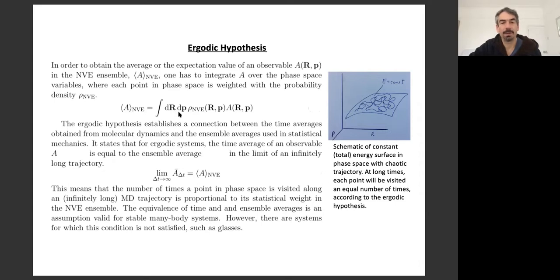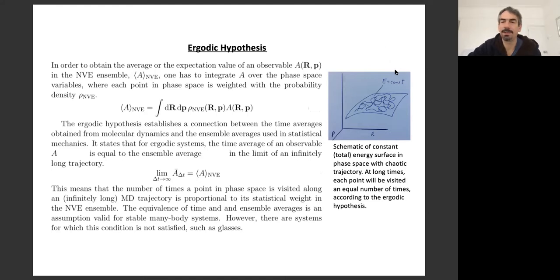And so the ergodic hypothesis assumes that if you do an MD simulation, each state that has the same energy is visited the same number of times in an MD trajectory that is infinitely long. Okay, so the picture is the following.